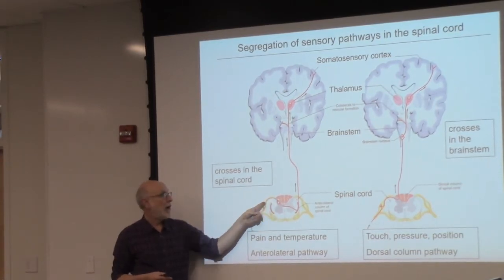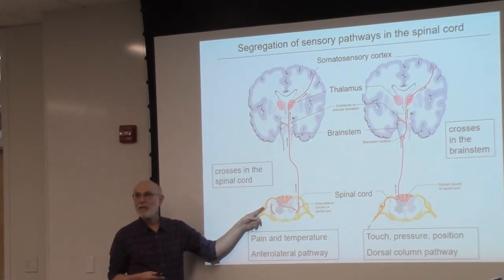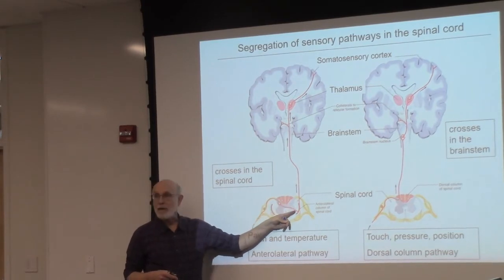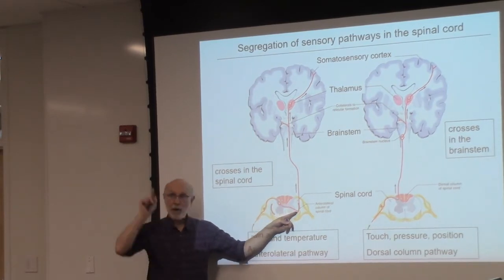The dorsal horn is not the same as the dorsal root. In the dorsal horn, the pain and temperature sensitive neurons that we've been talking about make a synapse onto the secondary cell. And the axons of the secondary cell cross the gray matter and now go up.